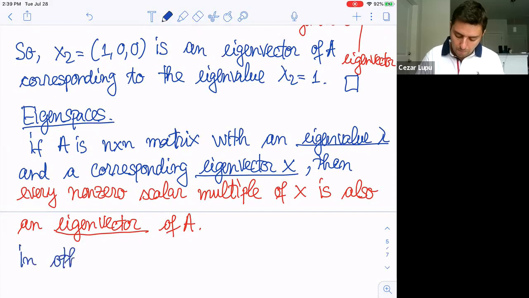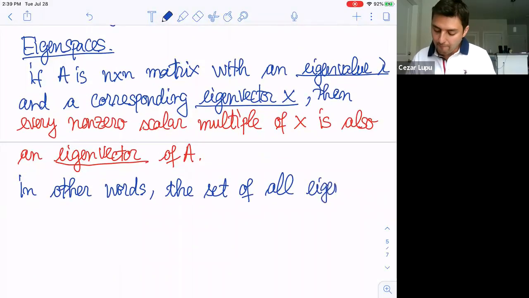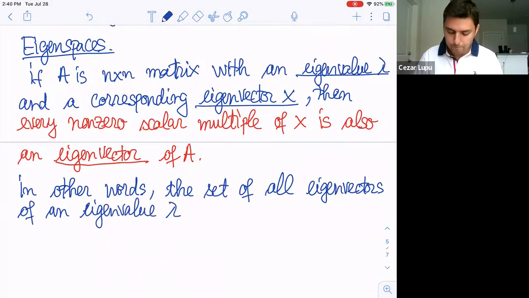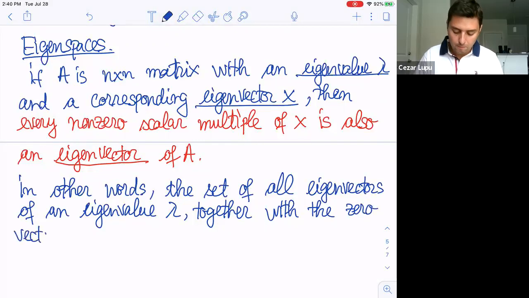In other words, the set of all eigenvectors of an eigenvalue lambda together with the zero vector is a subspace of Rn.